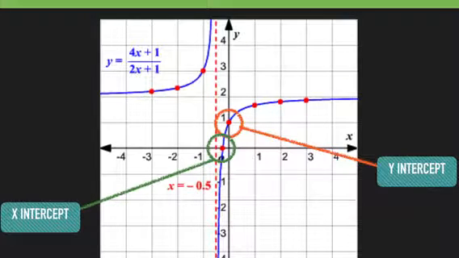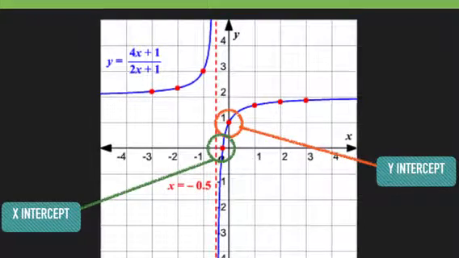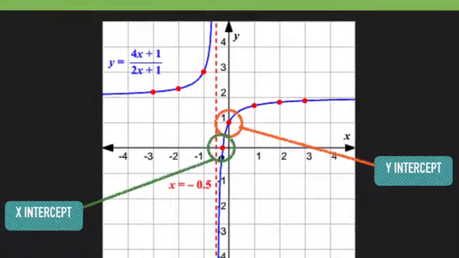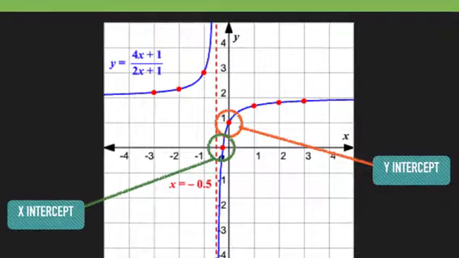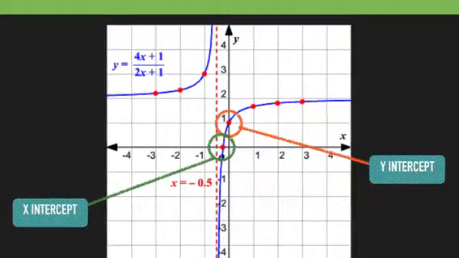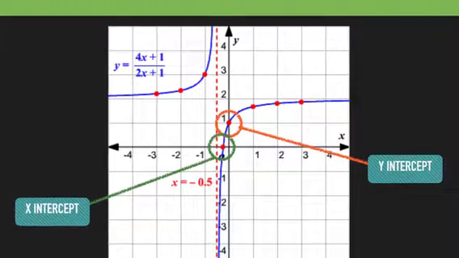Now we are going to talk about the x and y intercept. These are where the hyperbola, which is the line created due to the equation, touches the x-axis or the y-axis.